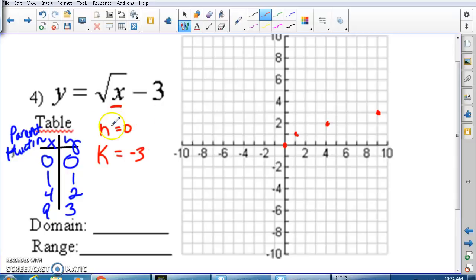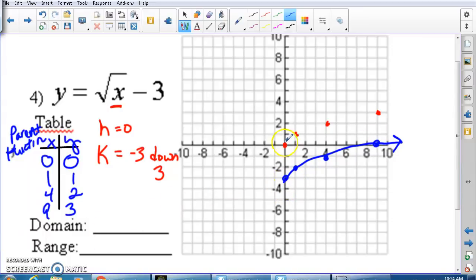So this will not shift left or right, but the graph will shift down 3. I take each of these coordinates and go down 3, down 3, down 3, down 3, and then I will sketch my curve, and this is my new graph.